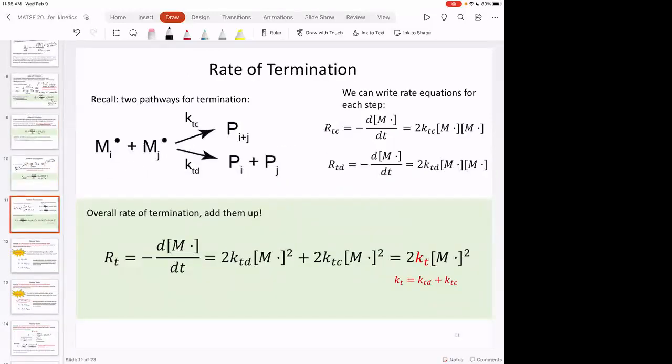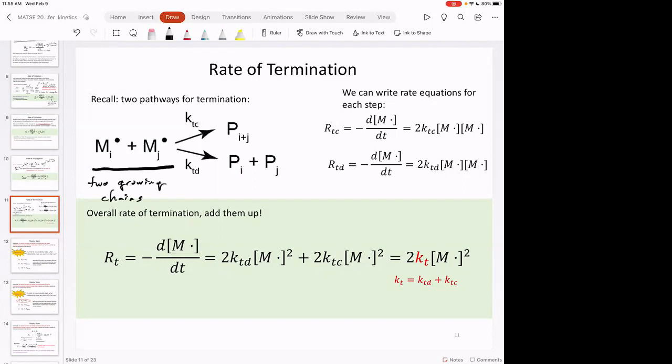Rate of termination, of course, we have 2 termination reactions. And you notice, even though termination by combination and disproportionation, you know, there's stuff going on, right? They have exactly the same reactants: 2 growing chains.